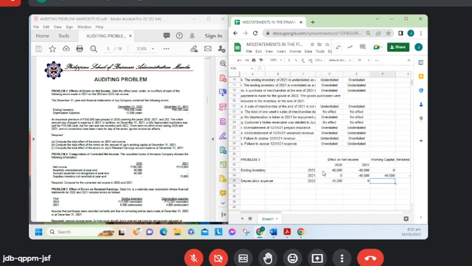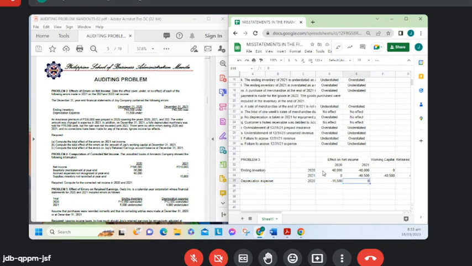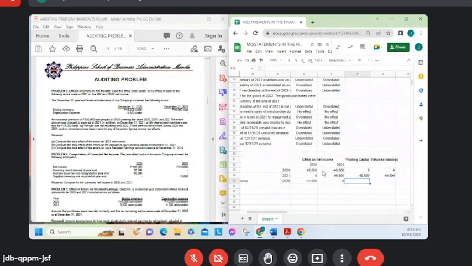So, there should be no impact on 2021, and even in the problem, there is no error. Ibig sabihin, the depreciation expense in 2020 was properly recorded. So what's the impact on working capital? So this is a depreciation expense. Will it have impact on the working capital of the company in 2020?